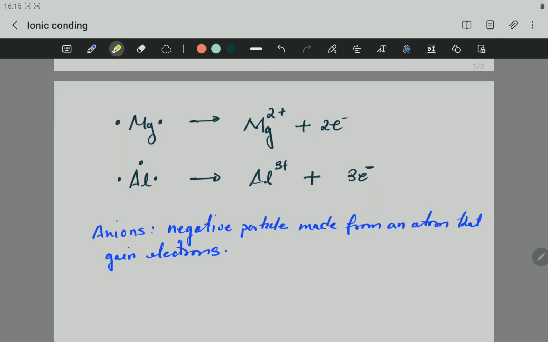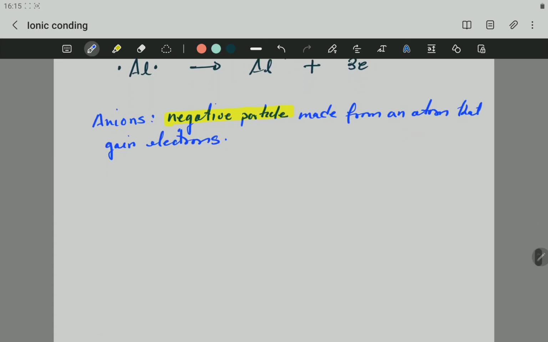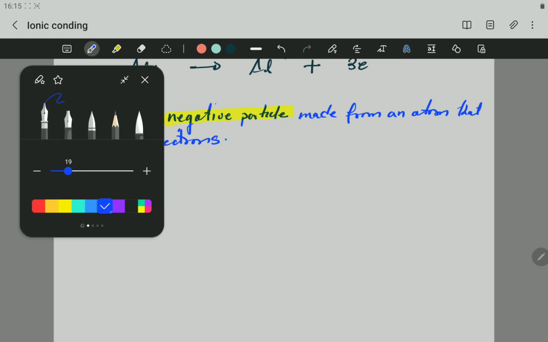So now we're going to anions. What are anions? Anions are negative particles. They are negative because they gain electrons, and when a particle gains electrons it becomes negative because it has more negative particles than positive.